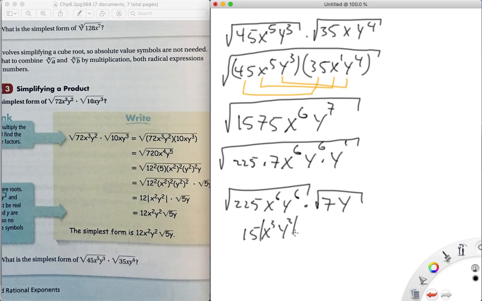Absolute value, because they're odd, times the square root of 7y. That would be my answer. That would be simplified.